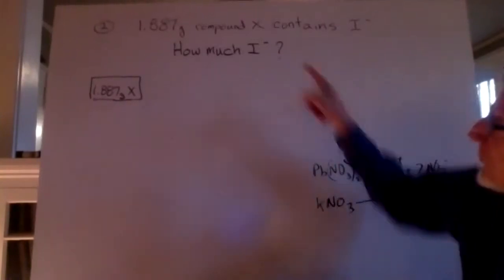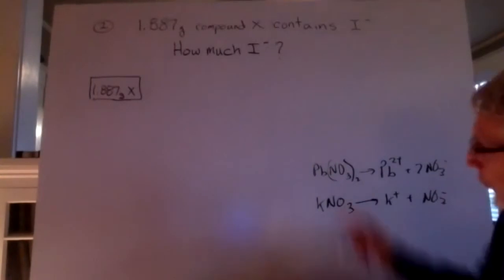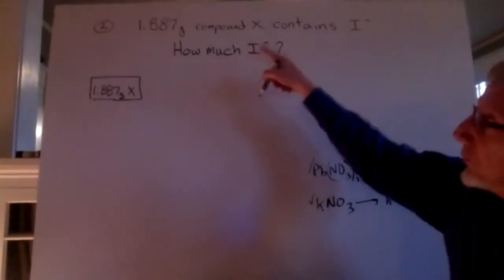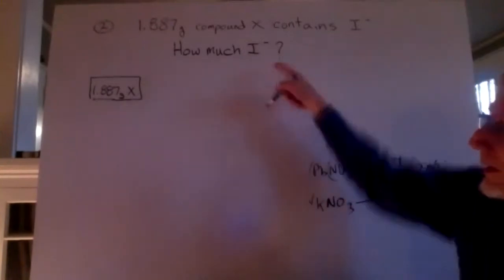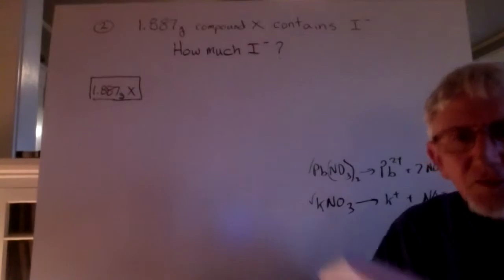Now, our objective is to precipitate out the iodide ion as a solid. So which of these 2 are we going to add to a solution of compound X to precipitate the iodide ion? On the test, you would have a copy of the solubility table, and you would use it to determine which of these ions, lead or potassium, would be insoluble with the iodide.